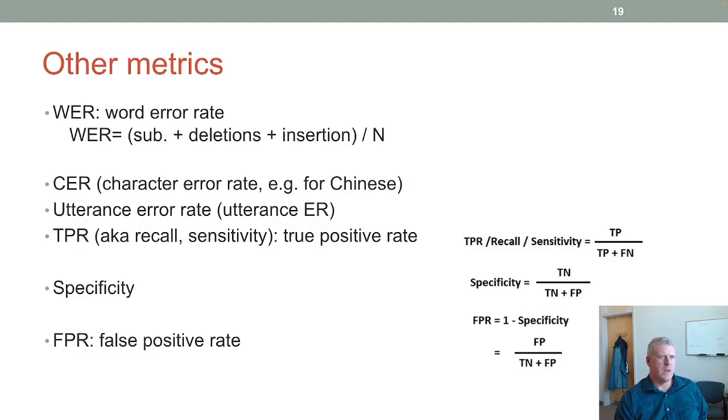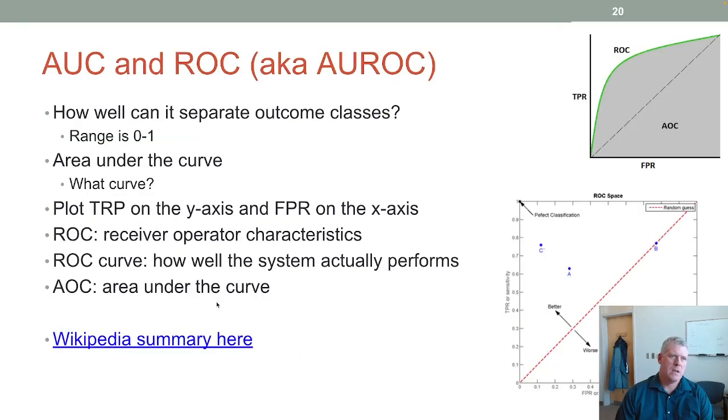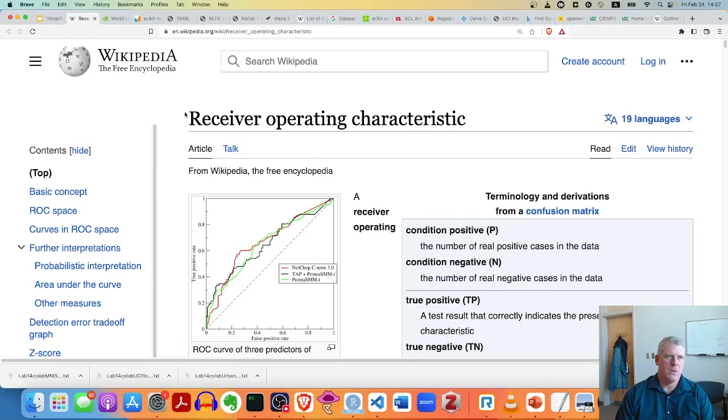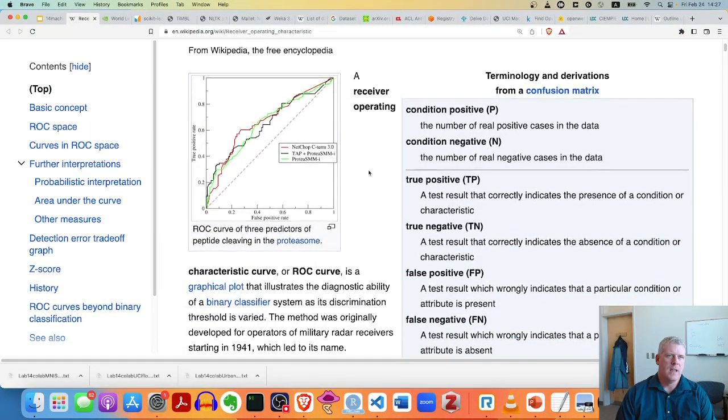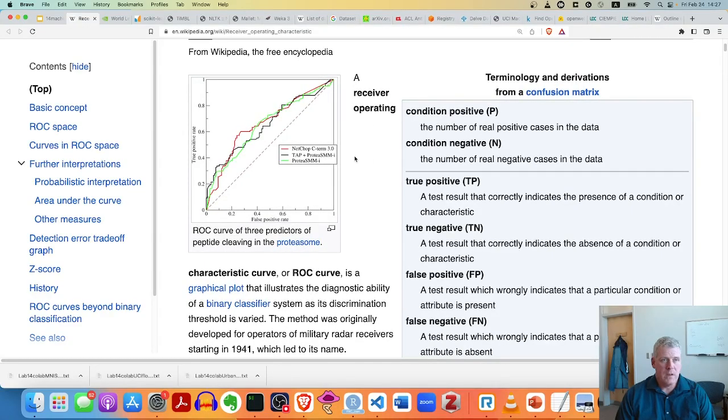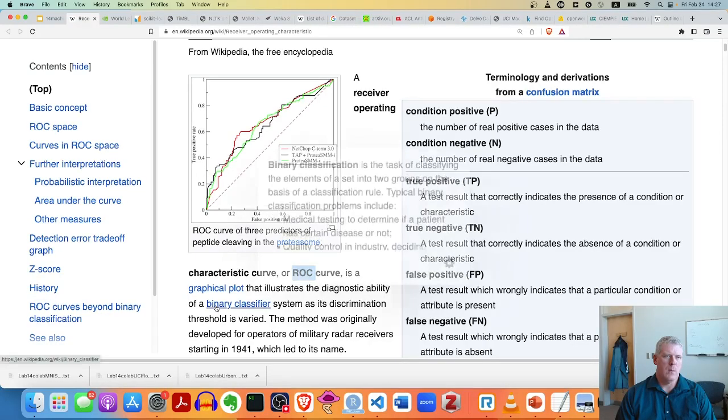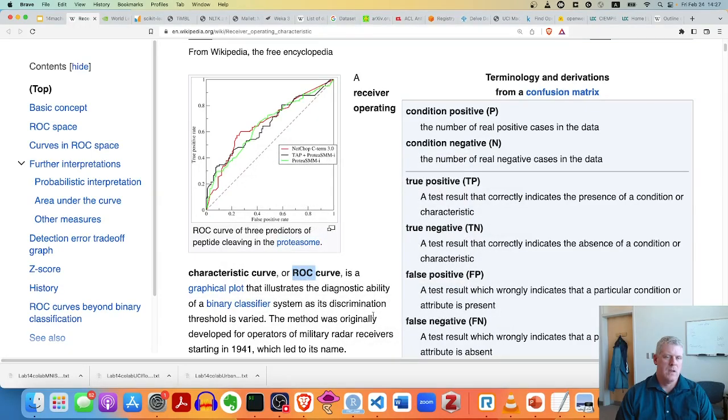Here's another metric here, the area under the curve versus the receiver operator. What does this mean again? Here's a Wikipedia article, the receiver operating characteristic. The basic idea is that a receiver operating characteristic curve, or ROC curve, is a graphical plot that illustrates the diagnostic ability of a binary classifier system as its discrimination threshold is varied.